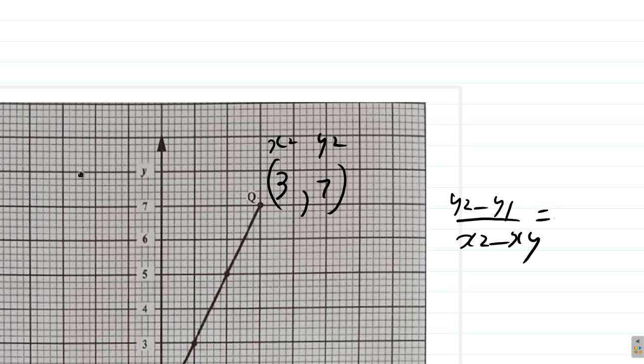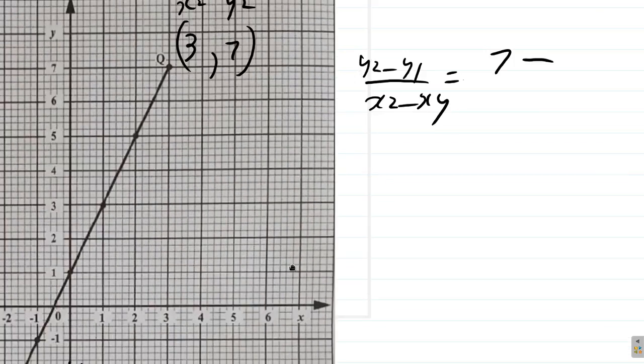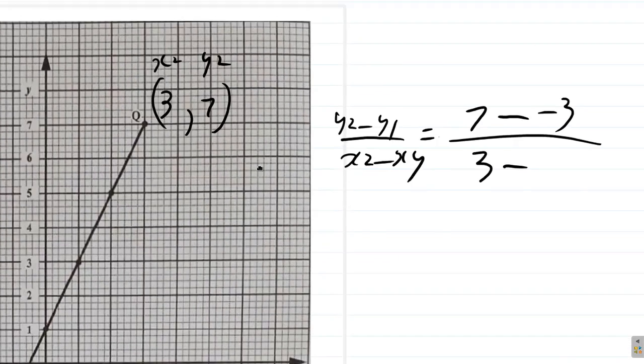So if you do that, you say y2, which is 7, minus y1, which is -3, over x2, which is 3, minus x1, which is -2.